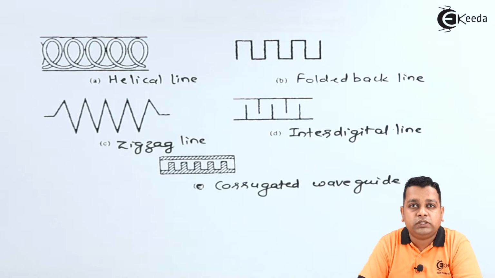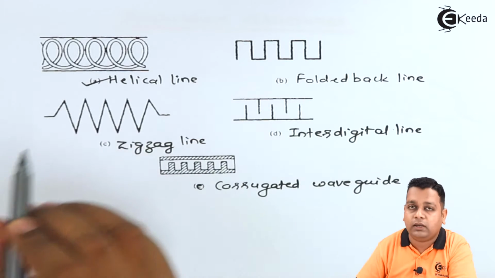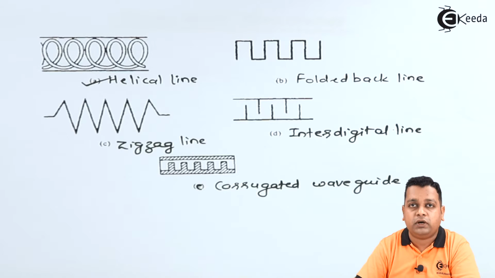Out of these 5 slow wave structures, which are meant for adjusting the velocity of a signal so that there will be more and more interaction of the electron beam and the microwave signal, we take the very popular case of the helical line. For detail, we take this diagram separately.